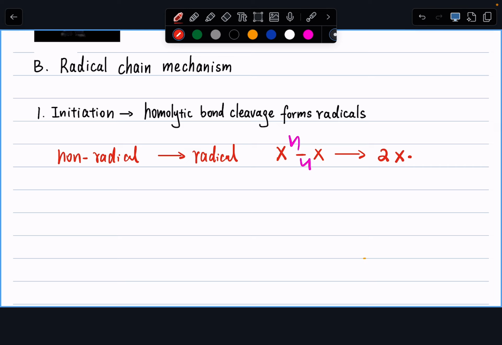In our example, we have different kinds of chemical bonds we can cleave, and the ease of breaking a bond is judged by its bond dissociation energy. Those are values you can get by looking at a thermodynamic table. For example, if we look at a Cl-Cl cleaving reaction to form two Cl dots, the delta H of this homolytic cleavage is about 58 kilocalories per mole.